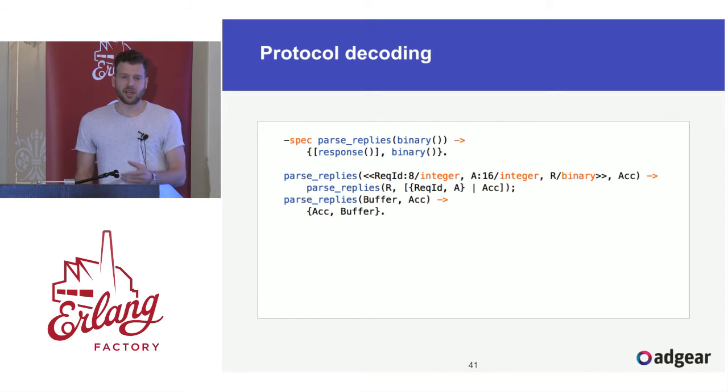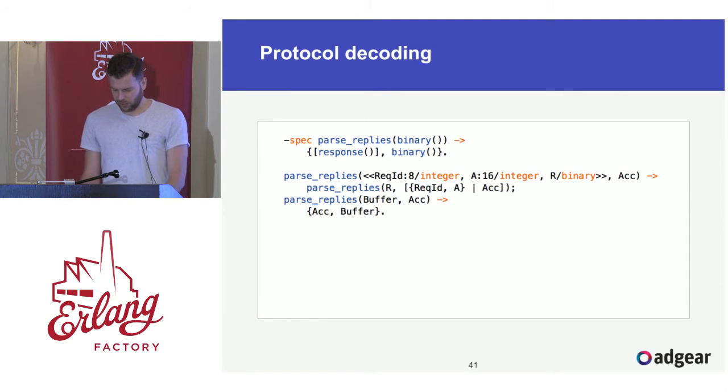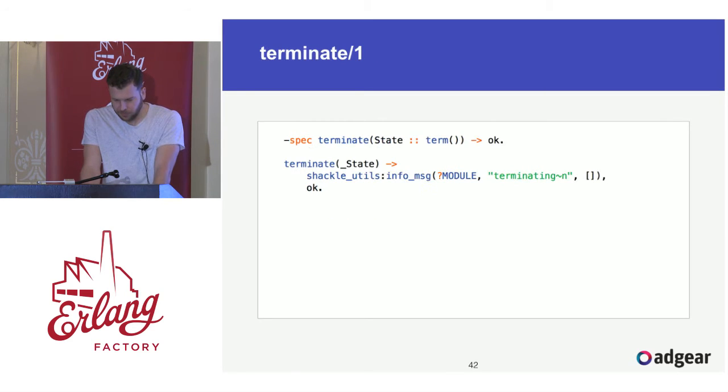A response is always a tuple of the request ID that you assign and the response you want to send back to the caller. And finally, terminate. If you have any kind of timer or something in your state that you need to clean up, then you can clean it up at this point.